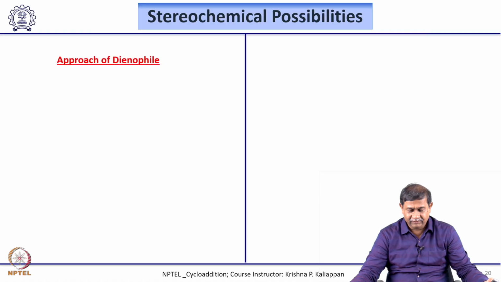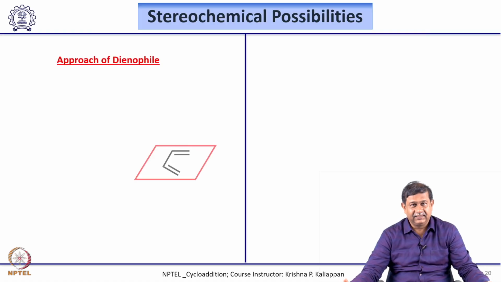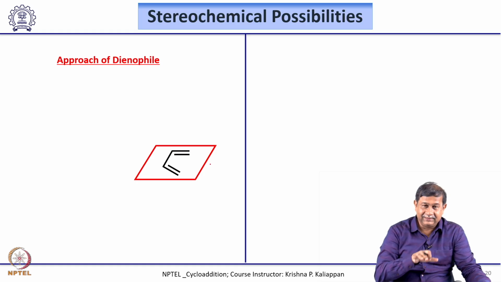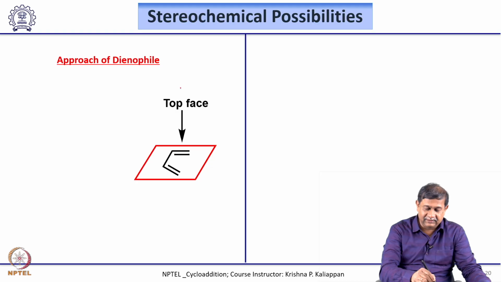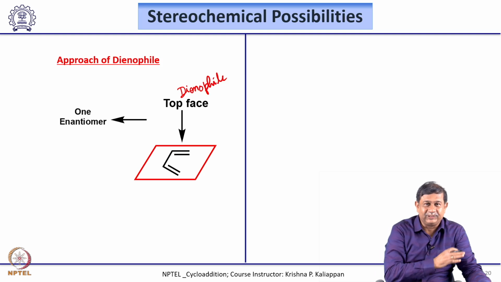Now let us see how these stereochemical possibilities arise. First I have drawn this diene, and this diene is in a plane. Assume that the dienophile is coming from the top face of the diene. This will give one enantiomer.